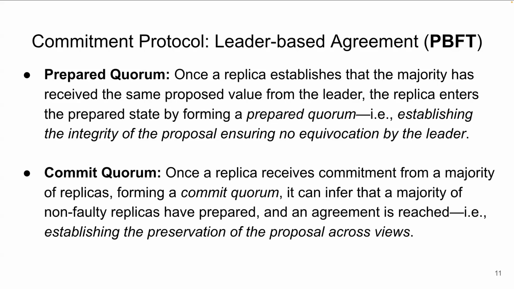That means the majority have prepared, the majority have observed the proposal is unique, and the majority have observed the proposal is locked. And once the commitment quorum is constructed, we have agreement. And once we have an agreement, it means that we can ensure the preservation.